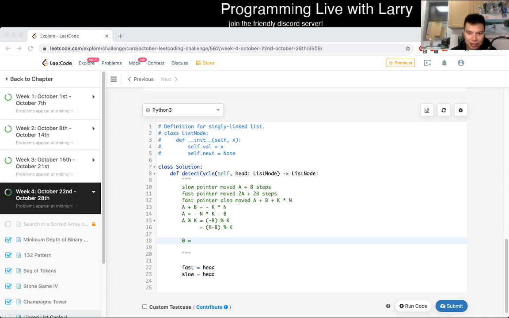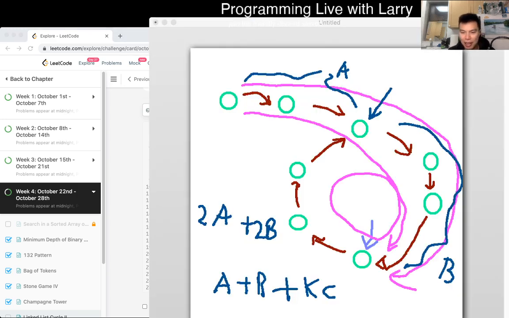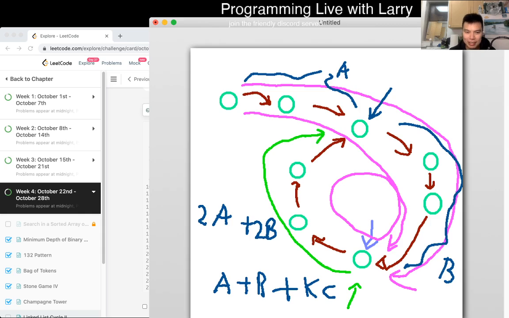Well, let's bring back the drawing for a second. Usually when I say that, that means that for us to move, so let's say we meet here still, we change the color again. Let's say we meet here, then here would be K minus B, right?